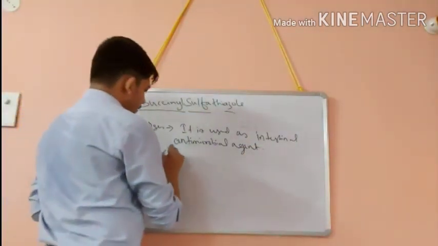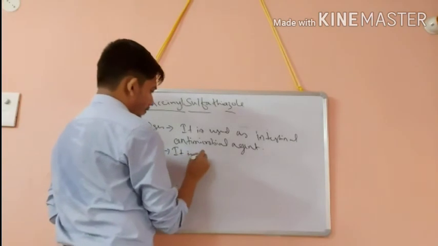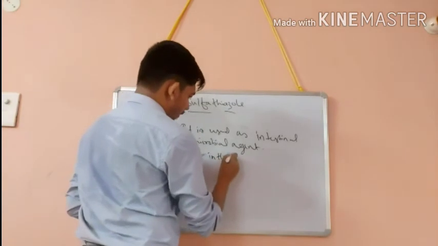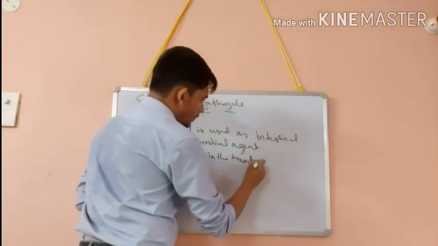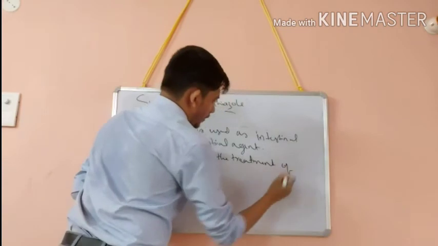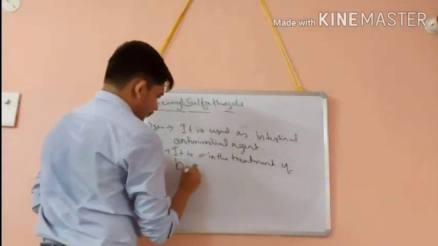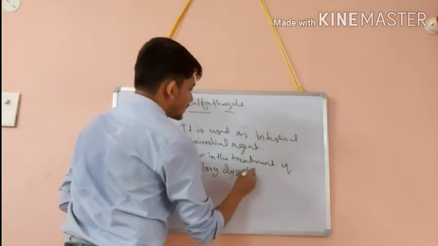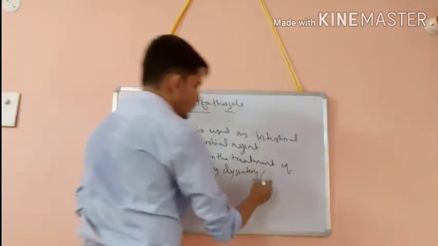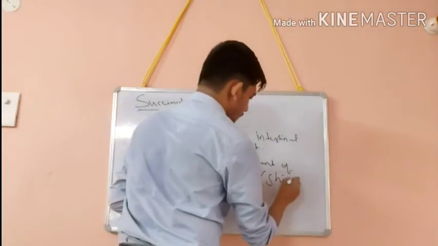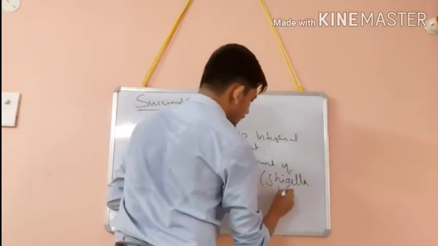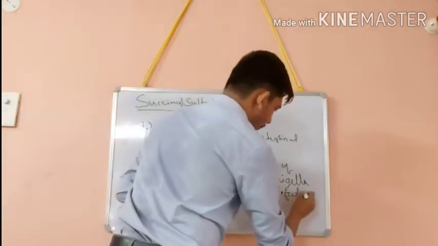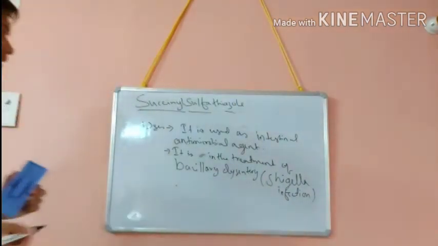Then it is used in the treatment of bacillary dysentery. It is a severe form of dysentery caused mainly due to Shigella infection. Okay, you just remember Shigella infection due to enterobacteriaceae, okay, due to enterobacteriaceae.